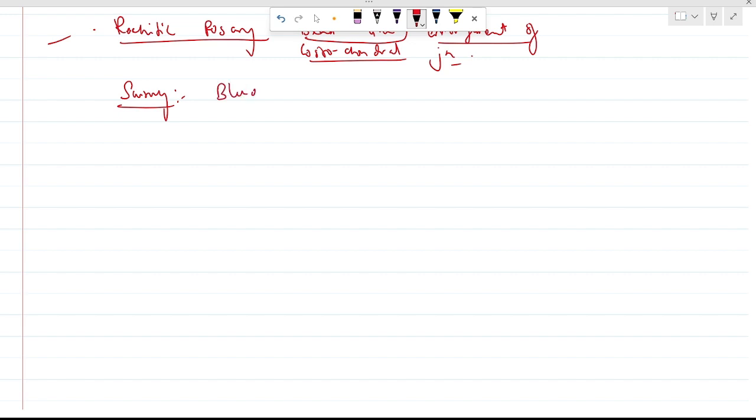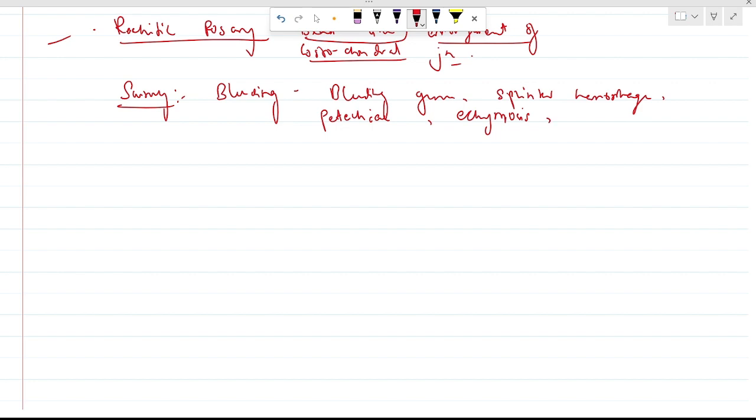There is bleeding, bleeding gums, splinter hemorrhage as we have discussed above, petechiae, ecchymosis, perifollicular hemorrhage, then there is anemia.